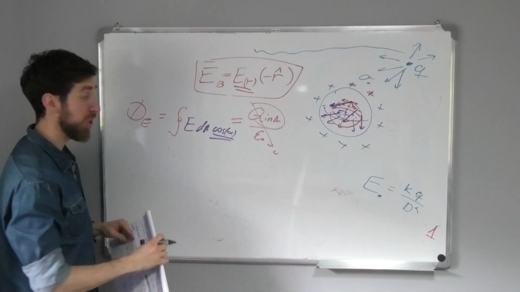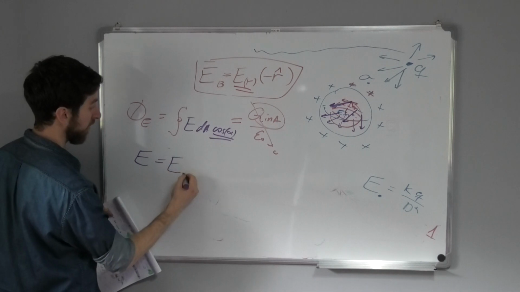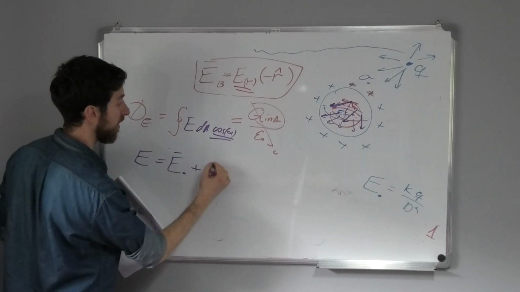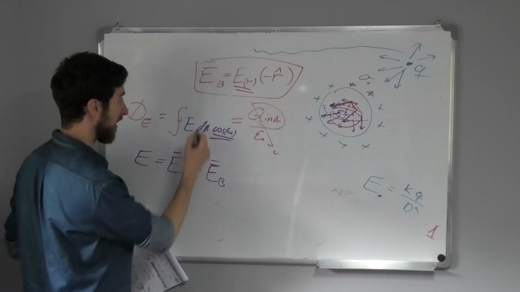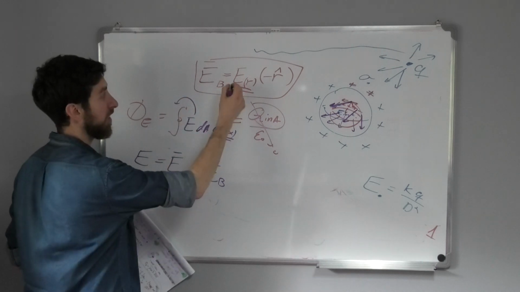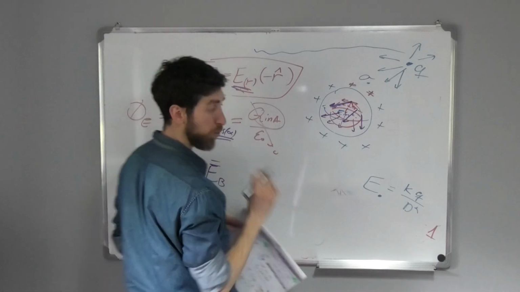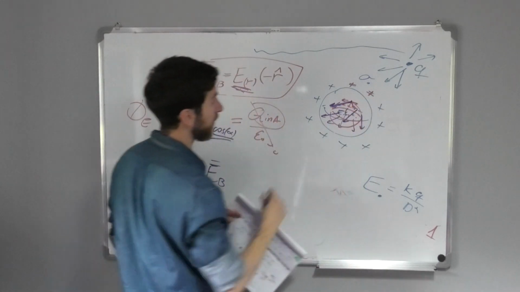But I can do superposition. I can say that E is equal to the contribution of the charge plus the contribution of the bubble, as if it was the only thing existing in the world. In that case, I can take E outside, because it depends on R, as you did in the lecture, a Gauss of a sphere.